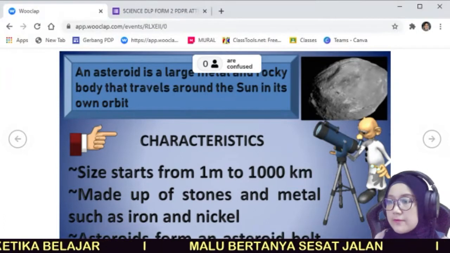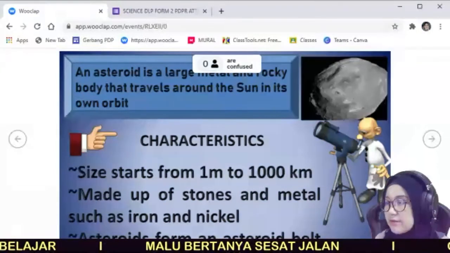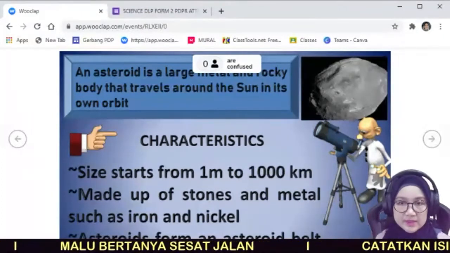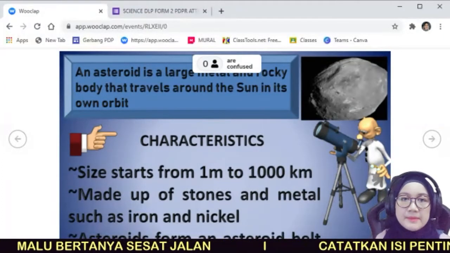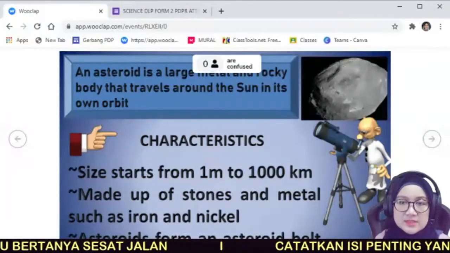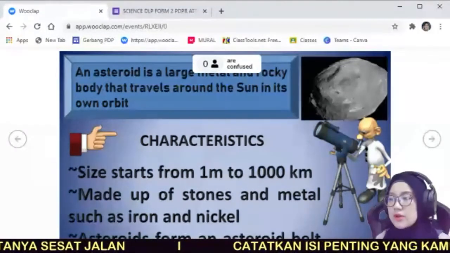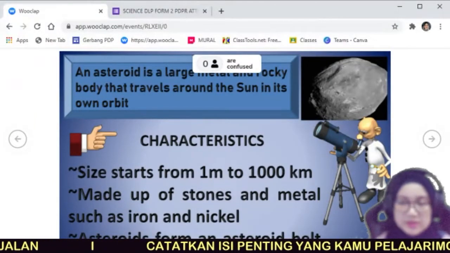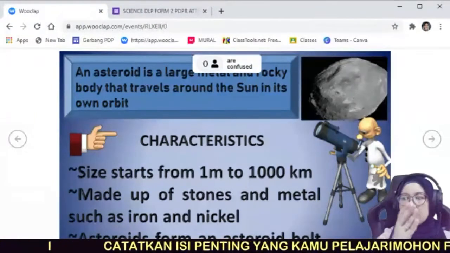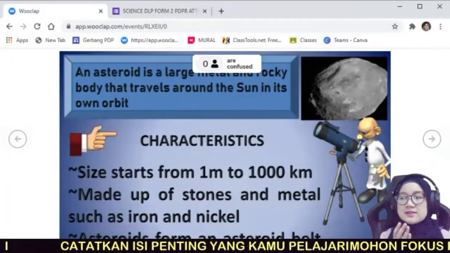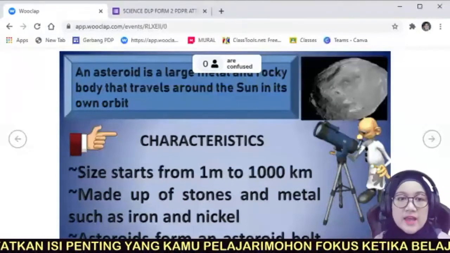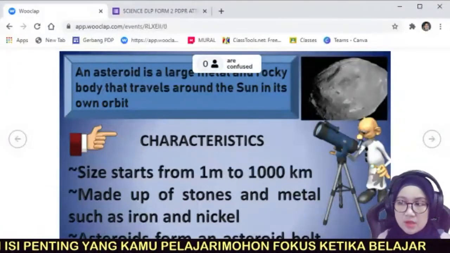Asteroids form an asteroid belt between the orbits of Mars and Jupiter. So yes, I'm answering your question just now, Malvinda. The belt surrounding Mars and Jupiter is made up of asteroids.